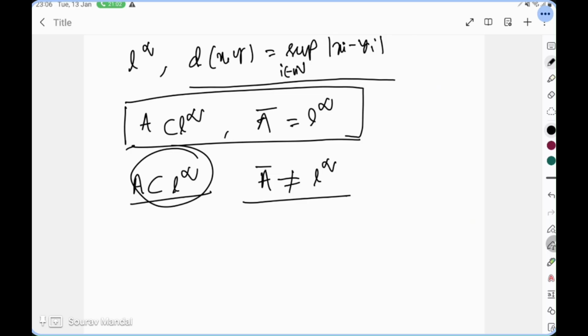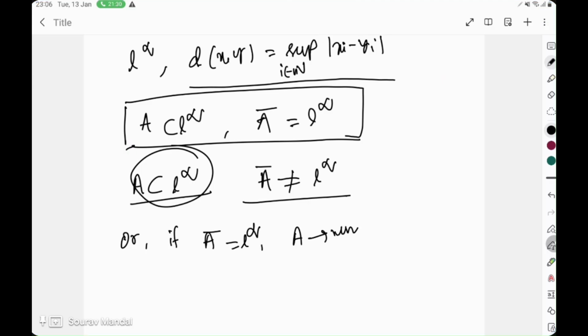Or otherwise, you can say that if there exists some dense subset, then that set must be uncountable. Or if the closure of A equals L infinity, then A must be uncountable.